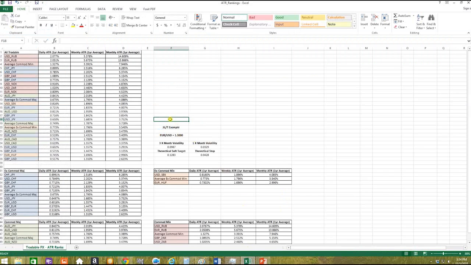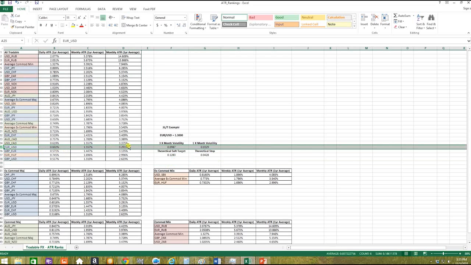ATR rankings. And if you recall, we had our entire tradable set with our daily, weekly, and monthly rolling ATR numbers, and we had them ranked. And you can see here that our monthly ATR on a 1 year rolling average for euro dollar is just under 3.3%.